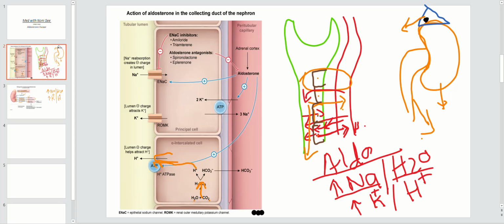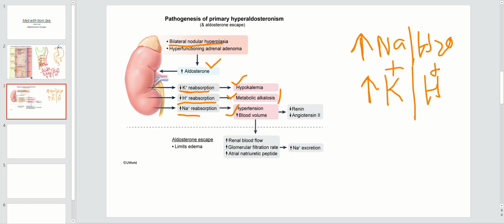So for every hydrogen moving out, you are reabsorbing bicarbonate into the blood. That is why in this slide they show that it produces metabolic alkalosis, because for every hydrogen it throws out into the lumen, it reabsorbs a bicarbonate ion, right?